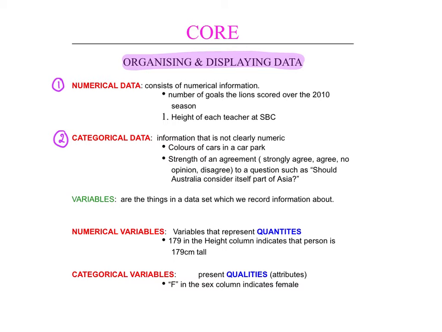With numerical data, it consists of data that's been collected. Generally, we say things that have been counted or measured. Things like the number of goals scored by the Lions in the season, or you could collect the heights of all the teachers at school. So that is numerical data.